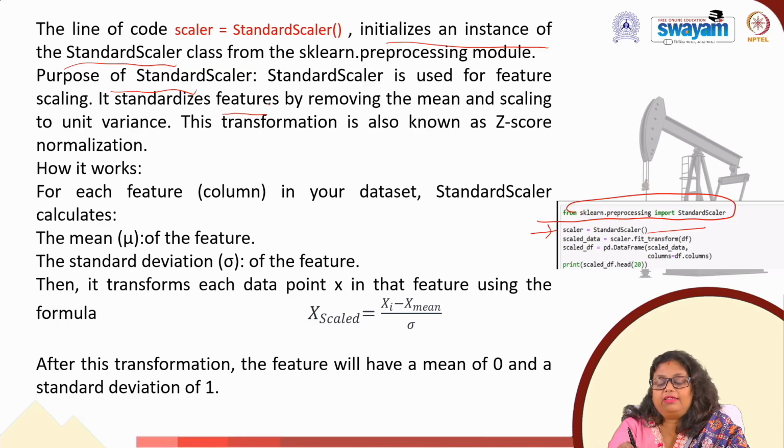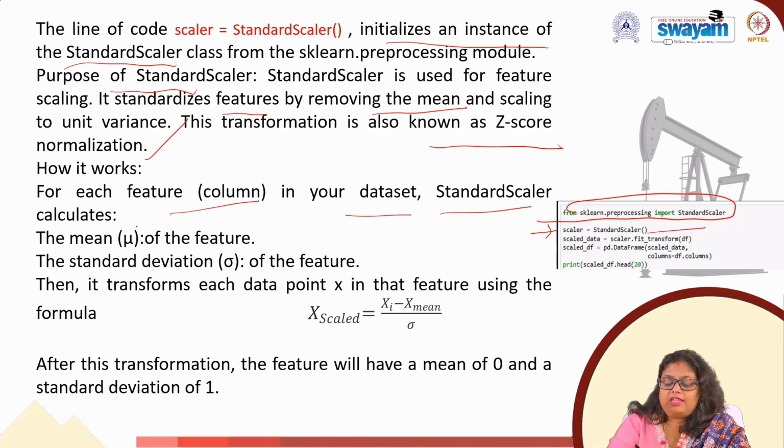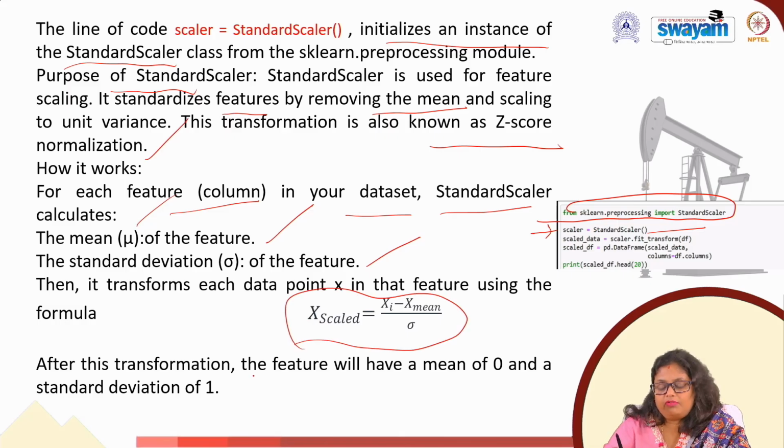It standardizes features by removing the mean and scaling to unit variance, and this transformation is known as z-score normalization. So how does it work? For each feature or column in your data set, the StandardScaler calculates the mean and standard deviation of the feature, and scaling is done this way. After this transformation, the features will have a mean of 0 and a standard deviation of 1.